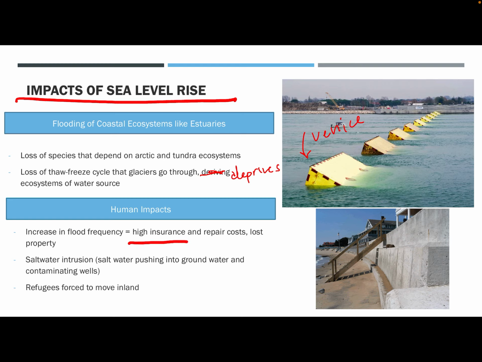So this leads to higher insurance and higher repair costs, possible loss of property. Here's a seawall as a possible combatant against sea level rise. We get saltwater intrusion. Remember we talked about this in watersheds. Saltwater intrusion is saltwater pushing into the groundwater, contaminates your wells, so it's making less usable, drinkable, clean, fresh water.